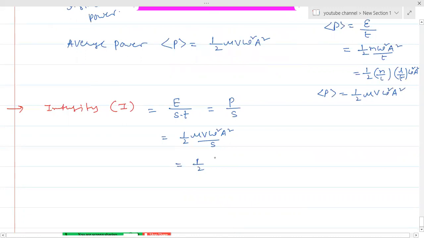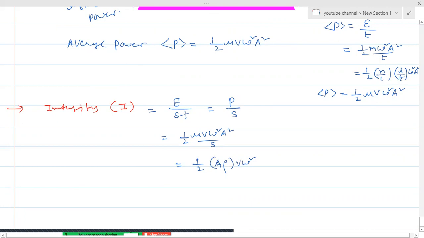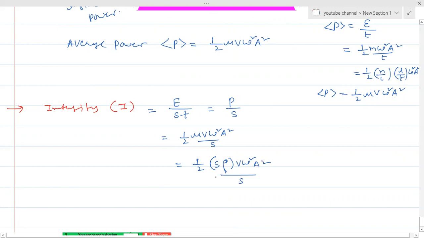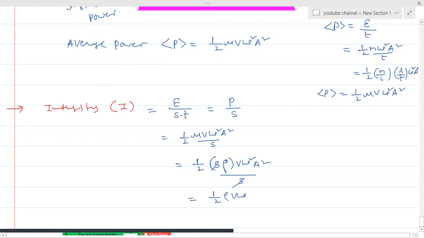Linear density mu means S rho, so we get S rho into v omega square a square by S. Here S cancels. We get half rho into v into omega square a square.